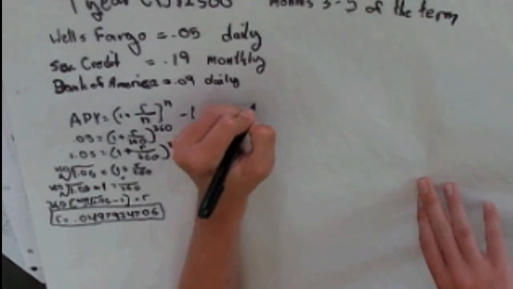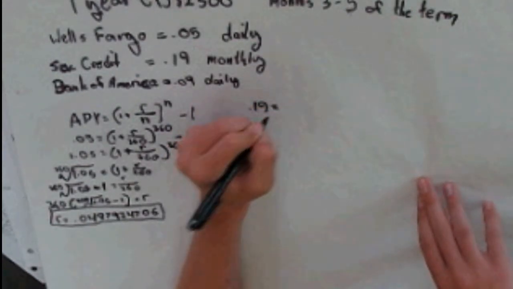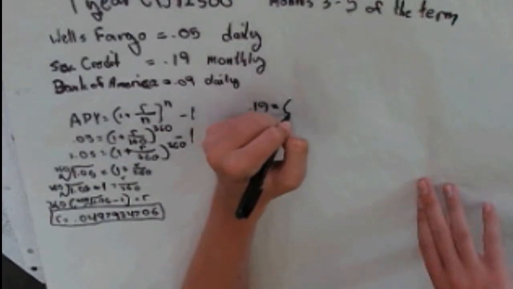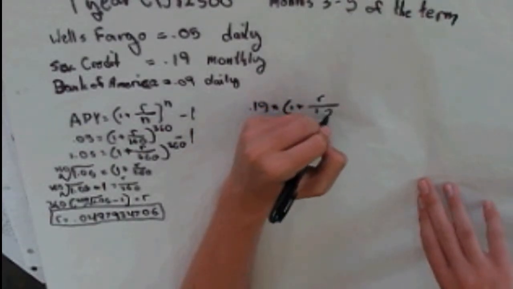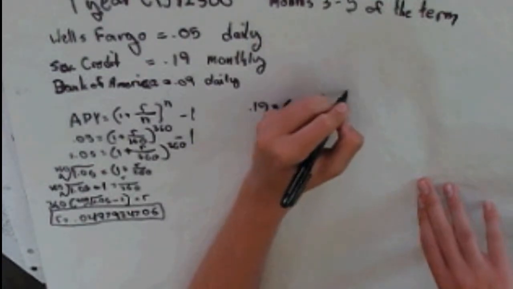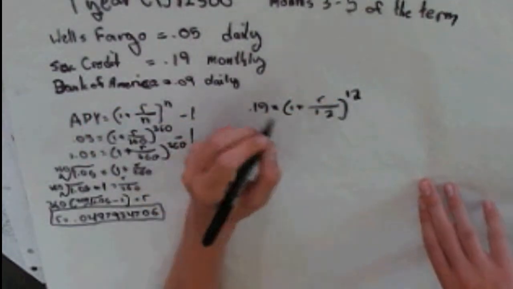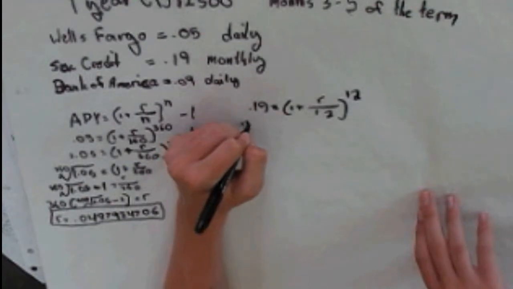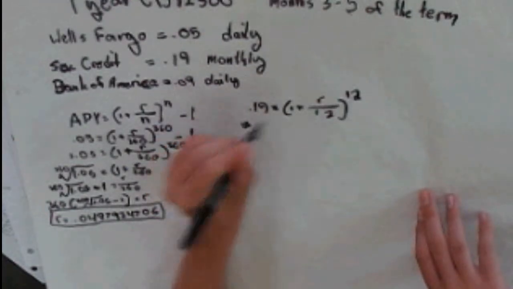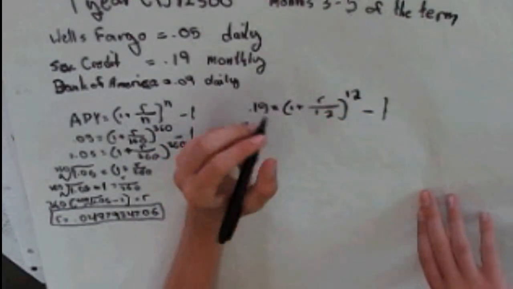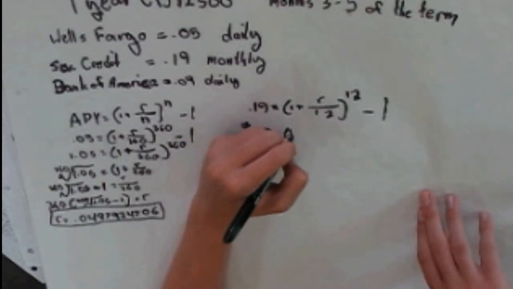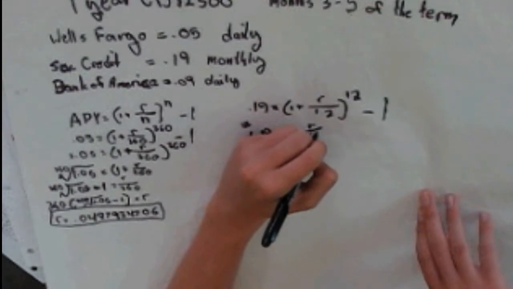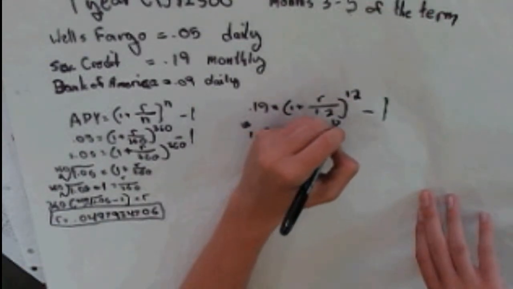So 0.19 equals 1 plus R over 12 raised to the 12th power. So the 12th root, no, because minus 1, almost forgot that. Would have been silly. 1.19 equals 1 plus R over 12 raised to the 12.